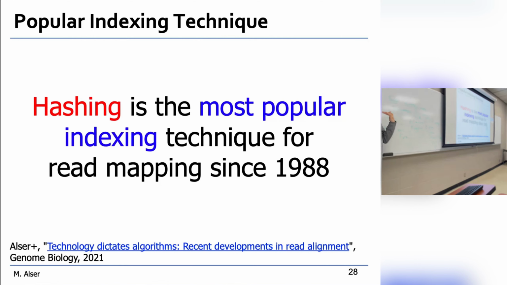Simply because the data is different, the problem that we are dealing with is different, and the equipment that sequences those data is also different, right? So alignment in the old days is no longer applicable these days. That is the kind of confusion you might have between old people and the recent generation.